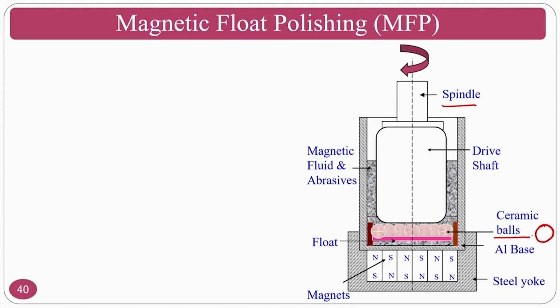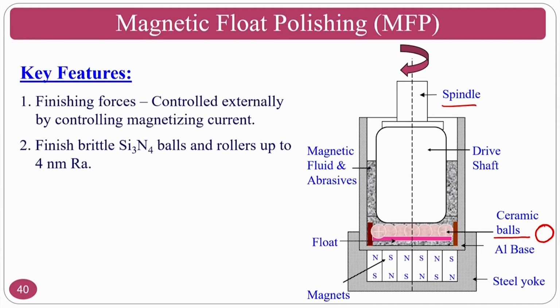The spindle is given pressure and rotation motion, and because of the north and south poles, the chains will form and these chains will press against the workpieces, that is the ceramic balls, and you have levitational forces and other magnetic forces, so that the finishing takes place.